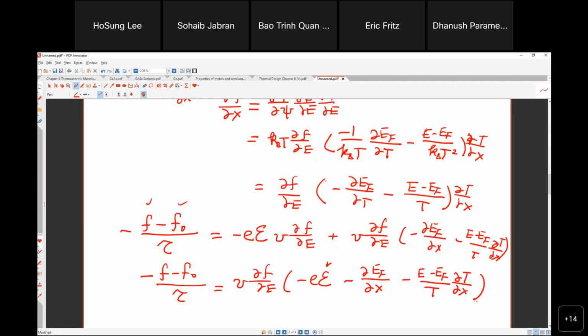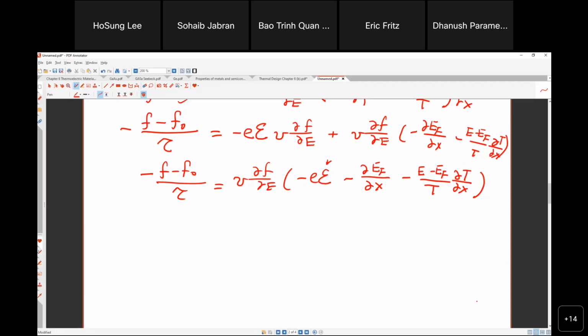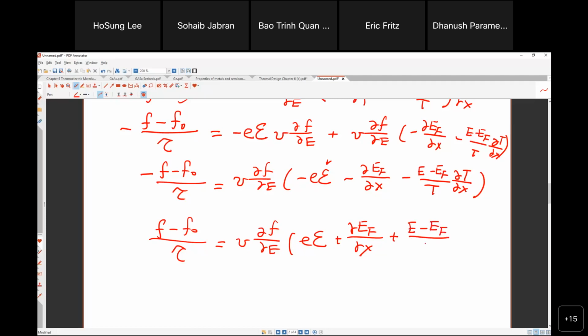So that when we look at, we can rewrite it as minus, eliminate, electric field external plus now minus Fermi energy gradient and Fermi energy difference and gradient.